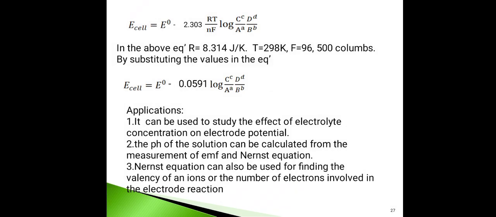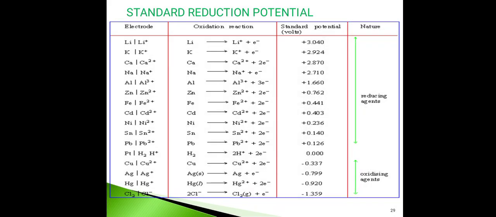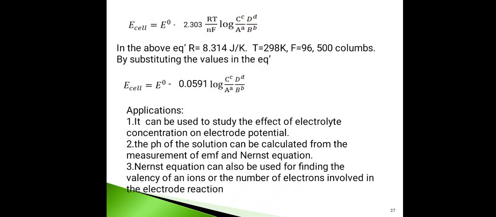Coming to the Nernst equation of a Daniell cell, it is going to be very important. If we write it, E cell equals E naught minus 2.303 RT divided by nF log of the concentration of Zn2+ divided by the concentration of Cu2+.